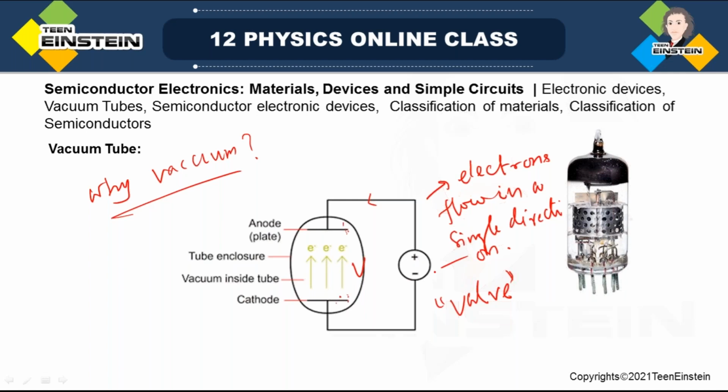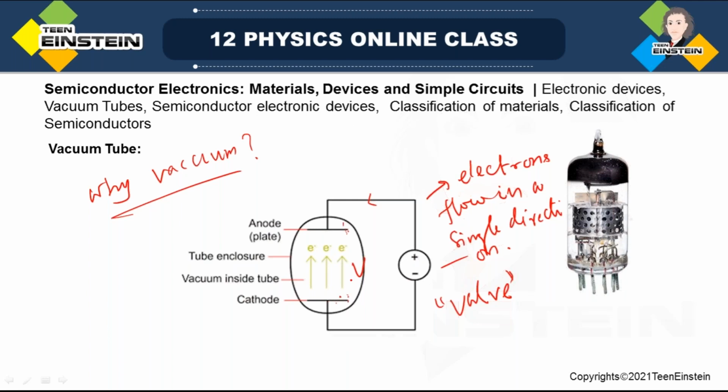But there are a few disadvantages. The size of this looks very small in the image, but it has a huge size. Generally vacuum tubes are very big in size, so they are not portable or reliable. Another point is that you have to maintain vacuum as well as heat the cathode.